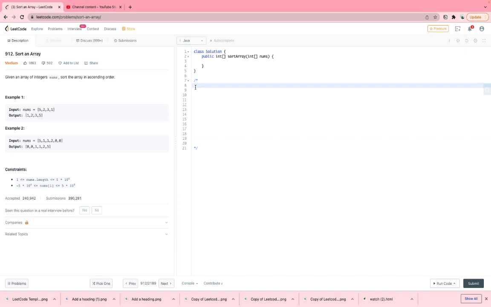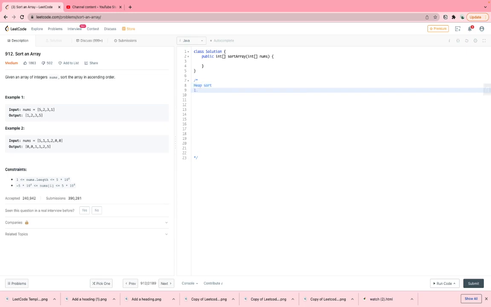For this algorithm, we have different steps.